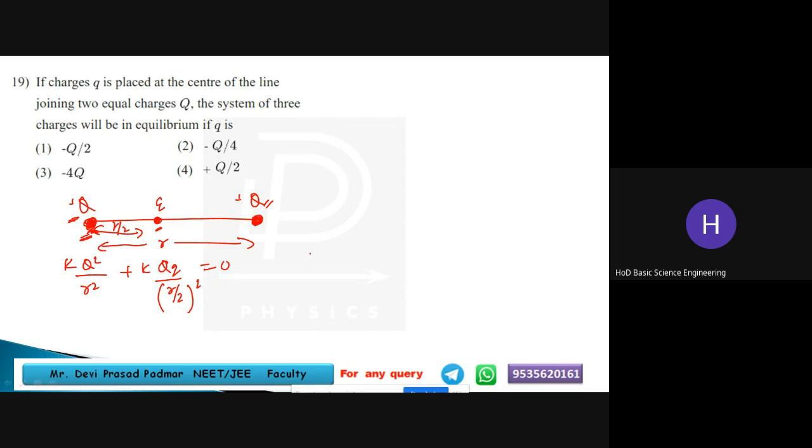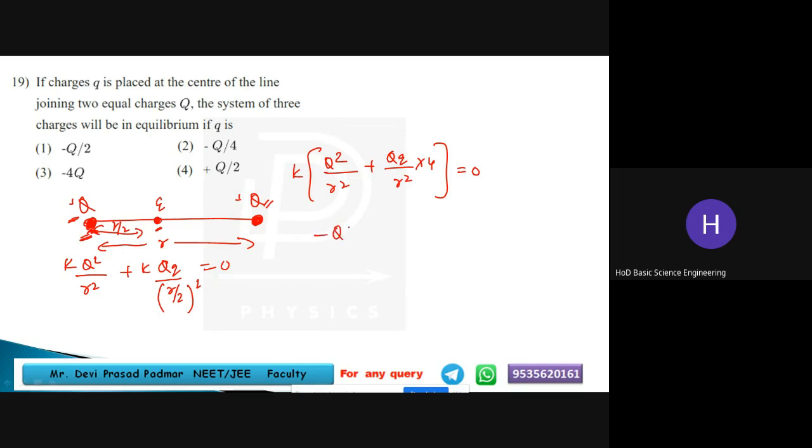And just rearrange for q. What do you get? K into q square divided by r square plus q divided by r square into 4, that is equal to 0. Correct, no?